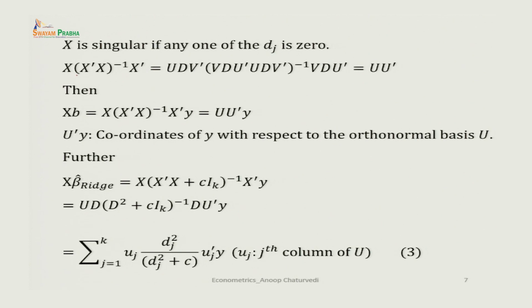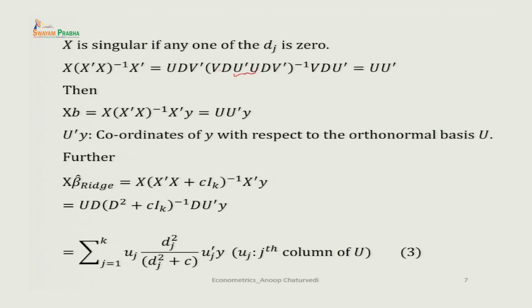Then you can write X transpose X inverse X transpose. We write X equal to U D V transpose, then X transpose X is (V D U transpose U D V transpose) whole inverse, then we have X transpose, so V D U transpose. Then U transpose U is equal to identity matrix.